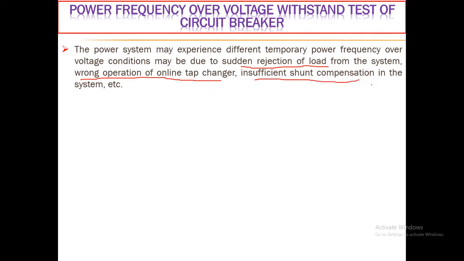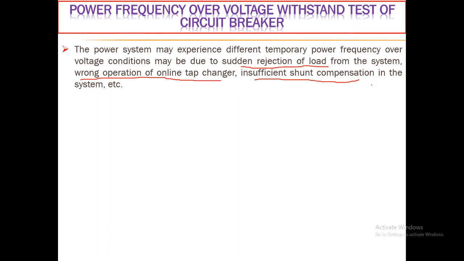Likewise, suppose the transformer is suddenly disconnected from the load, etc. There are so many possibilities which can produce temporary power frequency over voltage magnitudes. These over voltage magnitudes may strike the insulation of the equipment, and if the insulation is not sufficient to withstand these voltage magnitudes, it will damage the equipment.